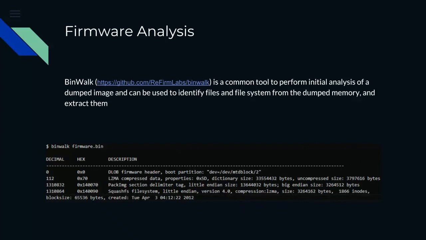For instance, on the bottom I have an example of using binwalk against a firmware, and it was able to identify the header of the MTD block, some compressed data, which could be the kernel or something like that, and most probably the SquashFS file system is the root file system on that device.